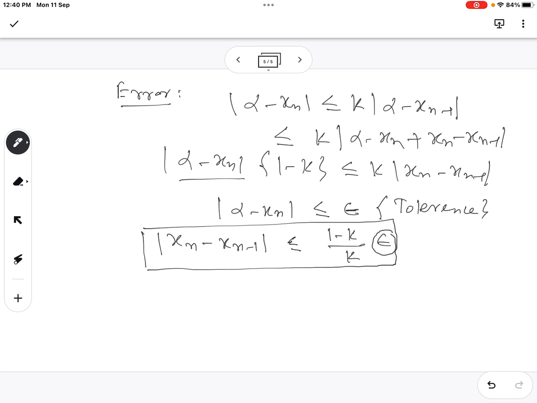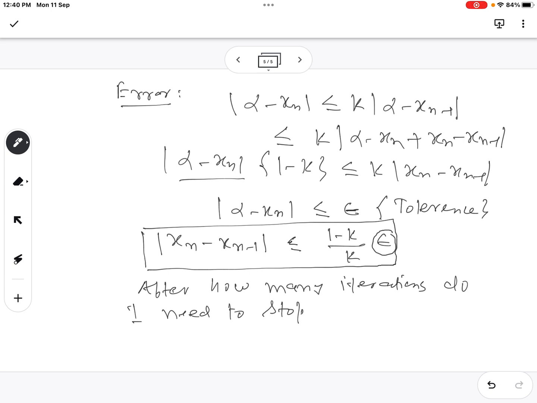So in other words, after how many iterations do I need to stop?